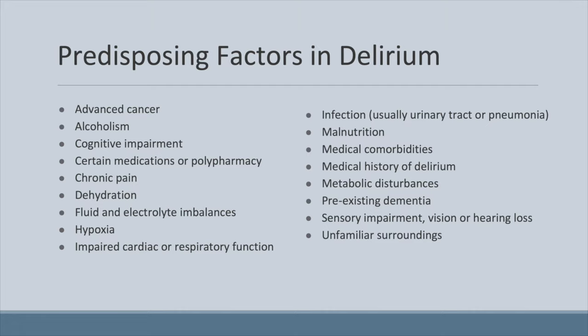Predisposing factors are baseline vulnerabilities that the patient has prior to hospitalization. This list is aggregated from our text, as well as the Hartford Institute for Geriatric Nursing.